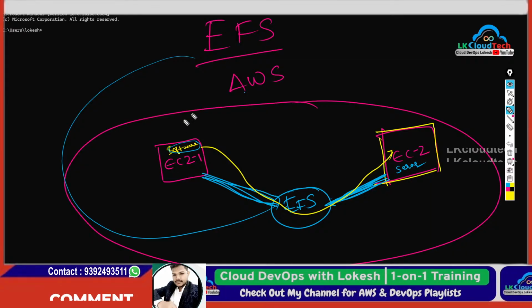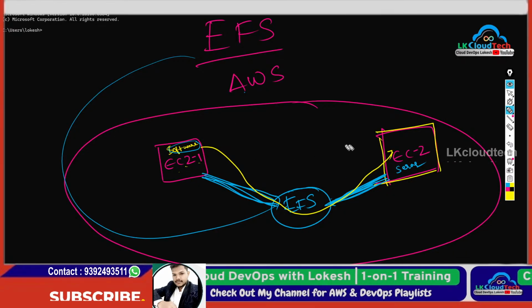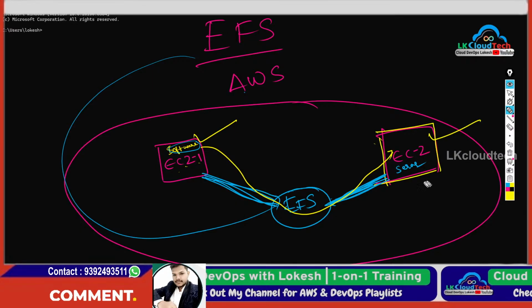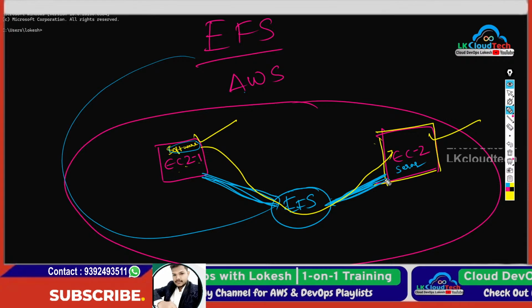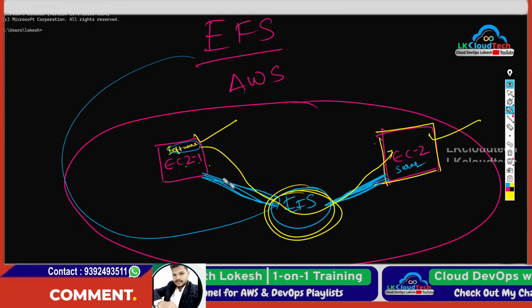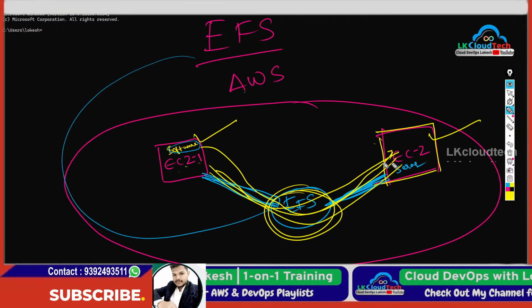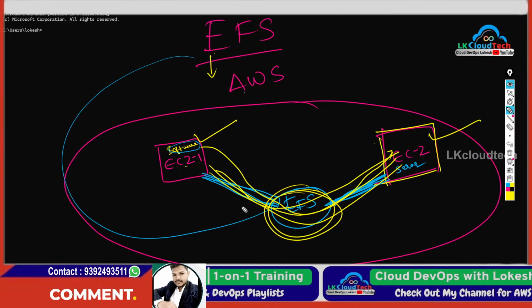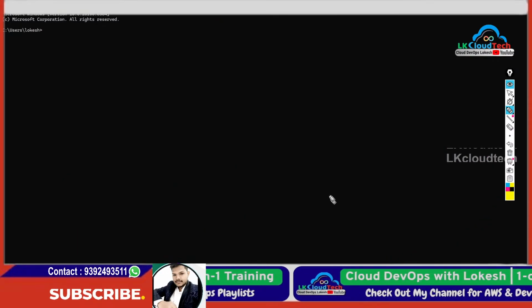Normally, these two EC2 instances cannot talk to each other. This is a separate EC2 instance, and this is a separate EC2 instance. Whenever you connect with this EFS, then you are able to share the files. That is called elastic. It is easy. If you want to connect, you can connect. If you want to delete it, you can delete it also.